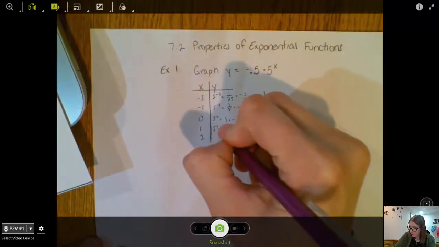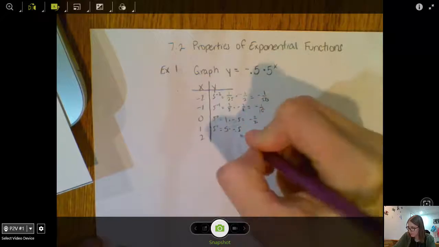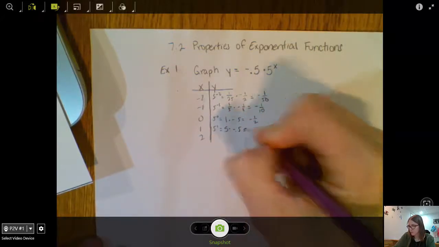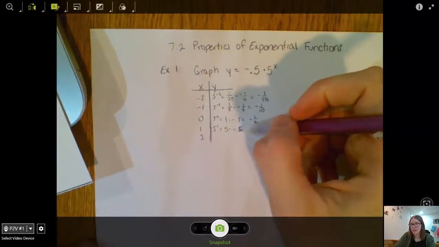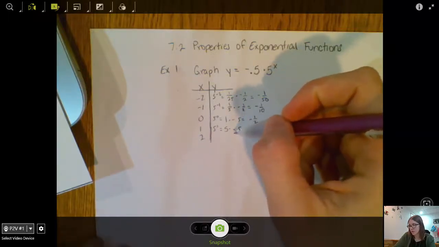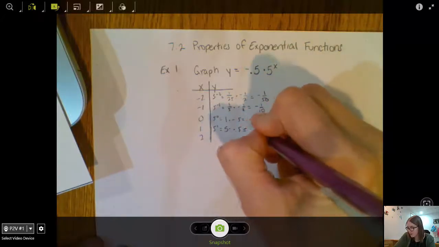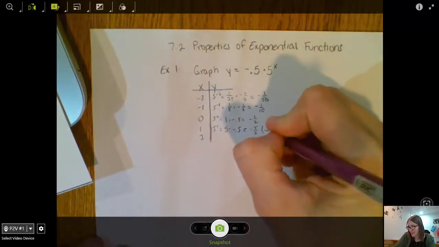5 to the 1st power is 5 times -0.5. And we could think of this as a decimal too. In terms of graphing, it doesn't really matter. 5 times -0.5 is -5/2, or if you must, -2.5.